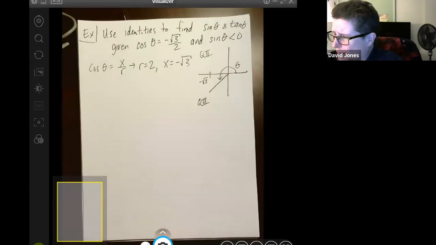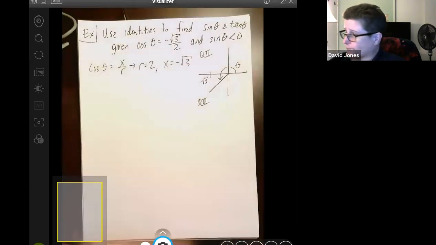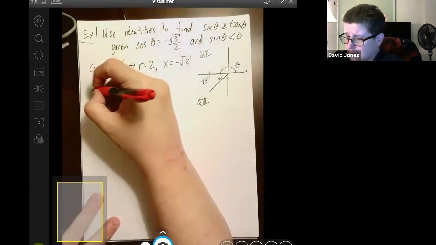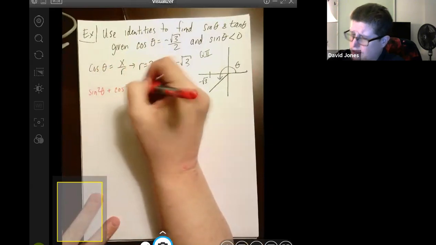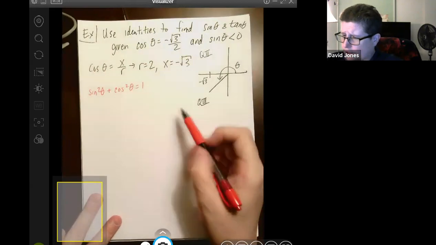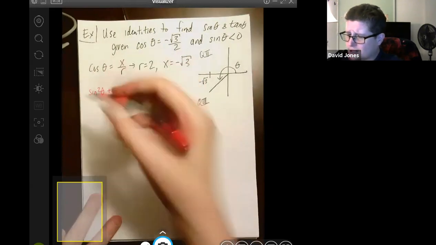There's a couple ways to go about it. You could use the Pythagorean formula to find y, but we're not. We're going to use the identities like it said. Sine squared theta plus cosine squared theta equals 1. And we know cosine theta is negative root 3 over 2.